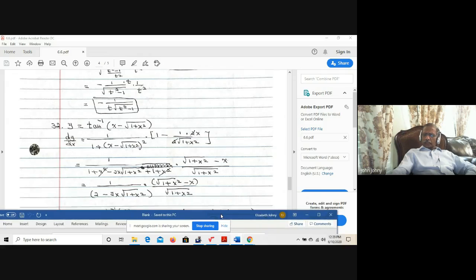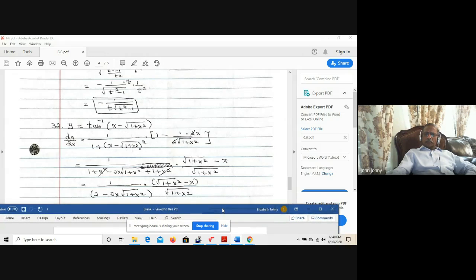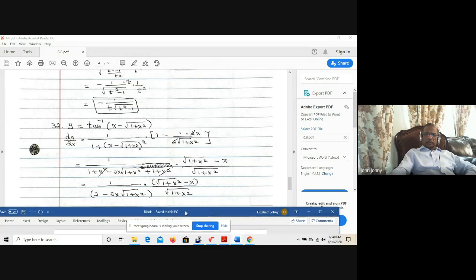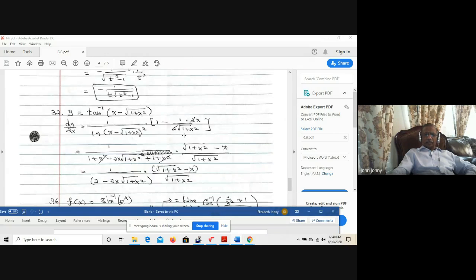So that is equal to x square cancels, 2 minus 2x times square root of 1 plus x square times square root of 1 plus x square minus x divided by square root of 1 plus x square. Yeah, so that is it. See, the calculus part is not difficult, but the algebra is a little difficult in this case.